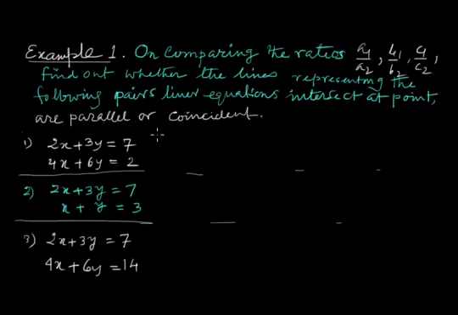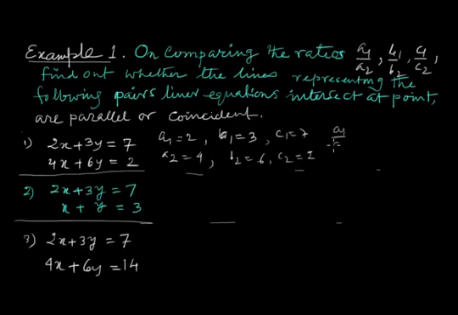So here we see the first equation. A1 is equal to 2, B1 is equal to 3 and C1 is equal to 7, and A2 is equal to 4, B2 is equal to 6 and C2 is equal to 2.